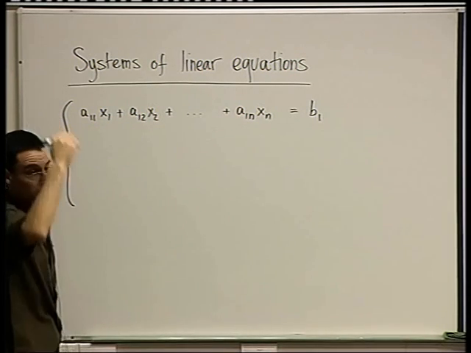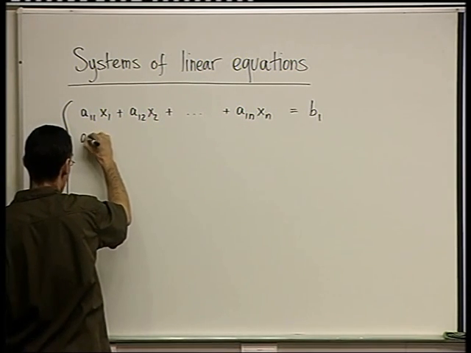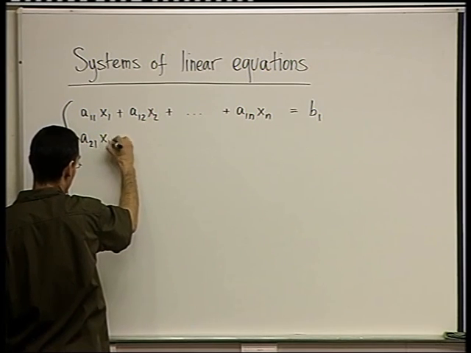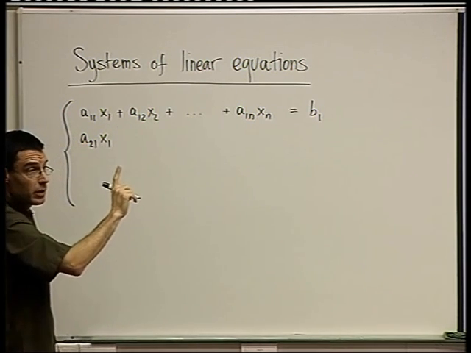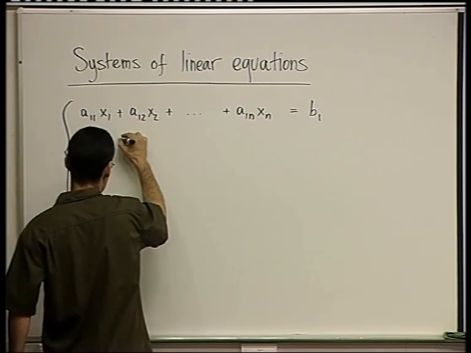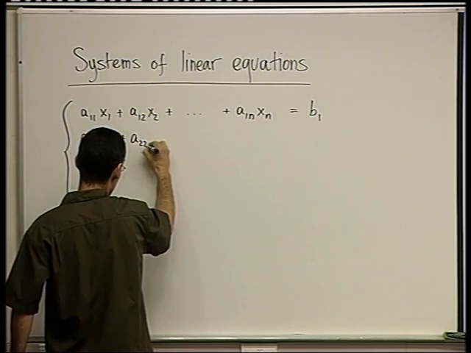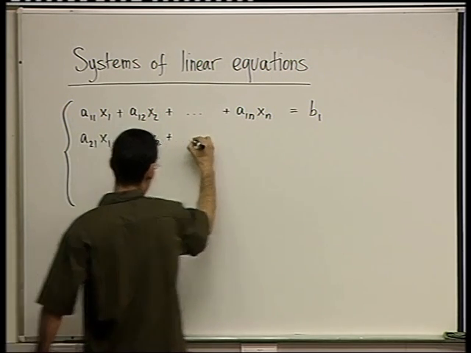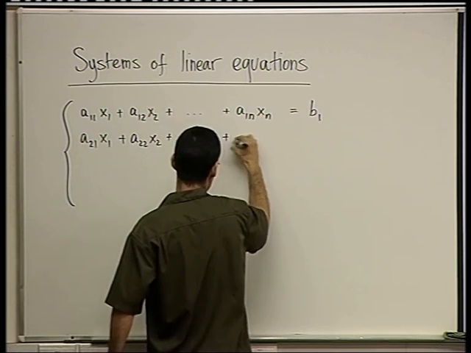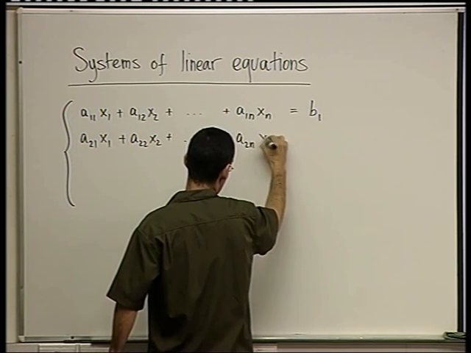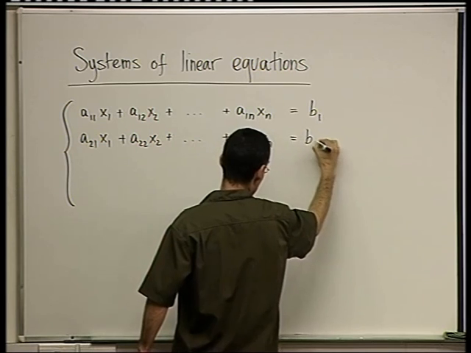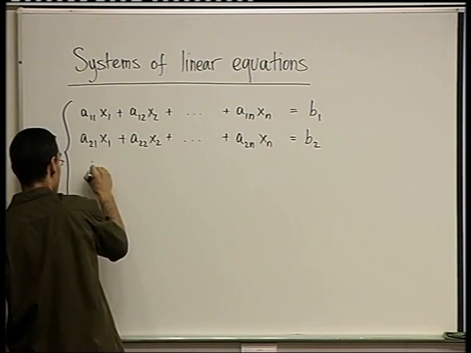That's the first equation. Then there's the second equation, A21x1, same variables, different coefficients, plus A22x2 plus ... plus A2nxn equals B2.